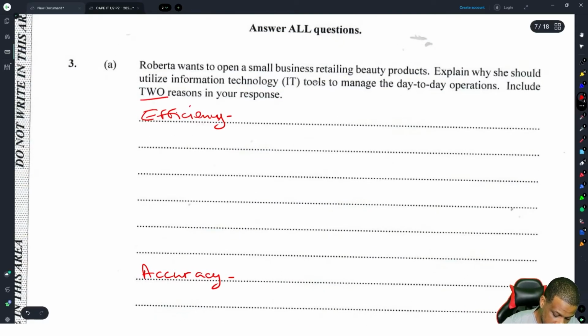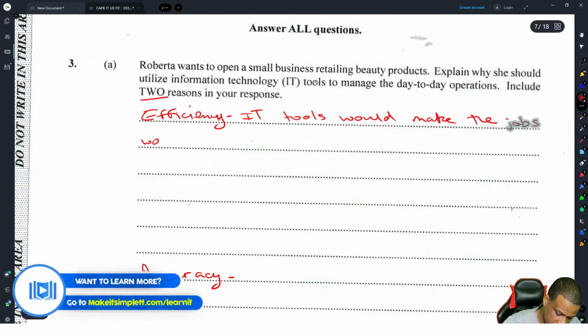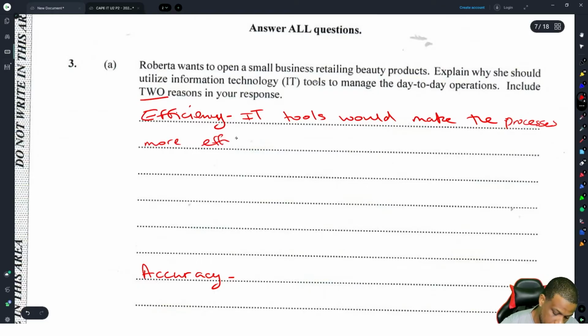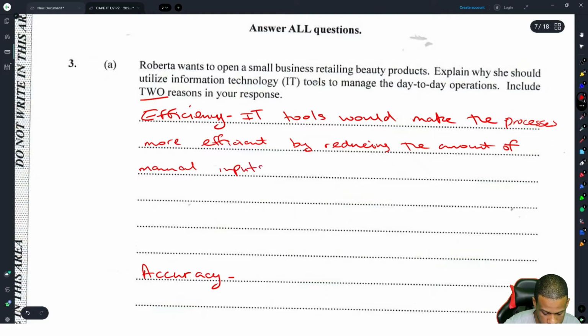So efficiency. IT tools would make the processes more efficient by reducing the amount of manual inputs needed.